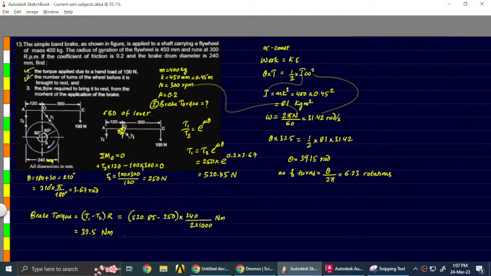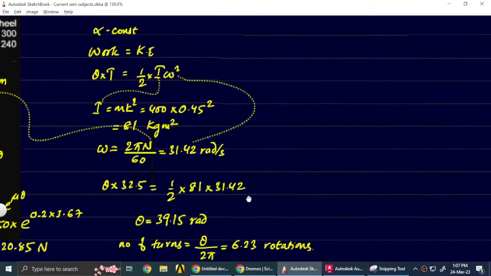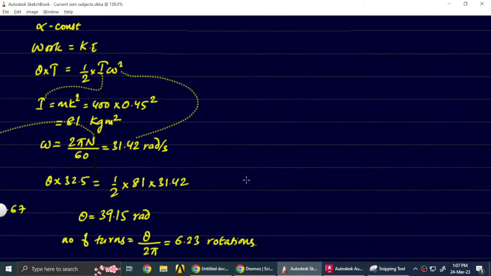Then he's also asking the time required to bring it to rest from the moment of application of the brake. Here of course we can assume that because the friction is remaining constant, the torque is remaining constant, so alpha also remains constant. And for a constant value of alpha, there are 3 equations of motion we can apply.